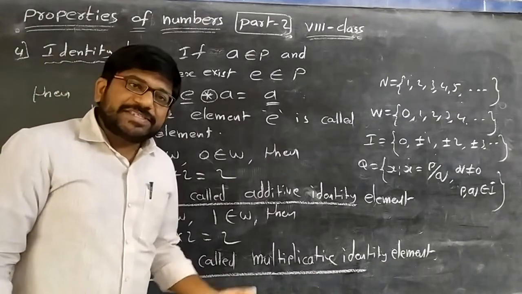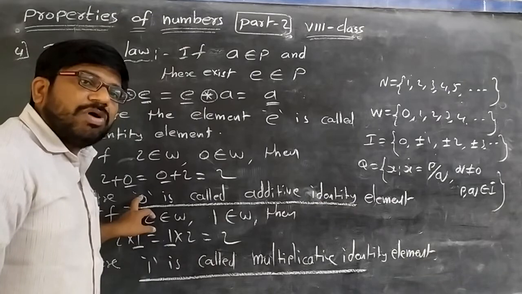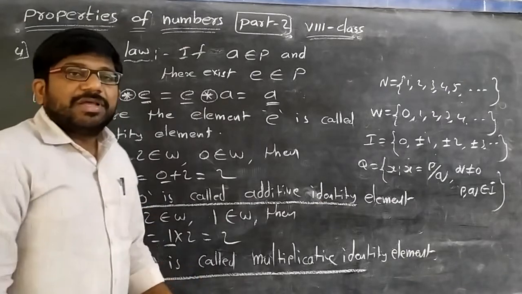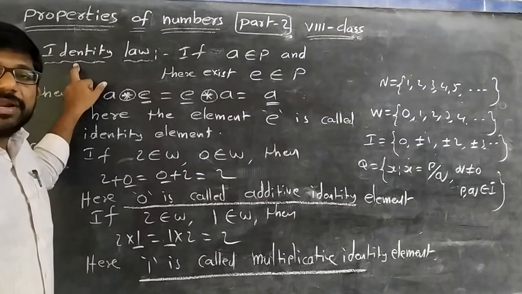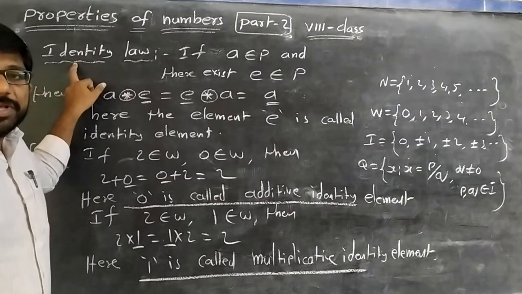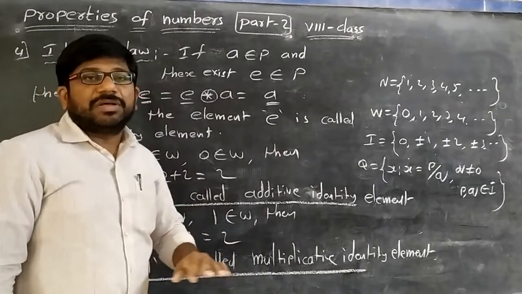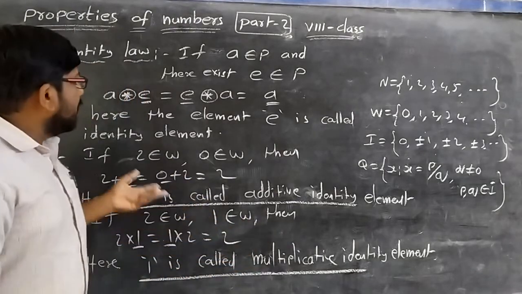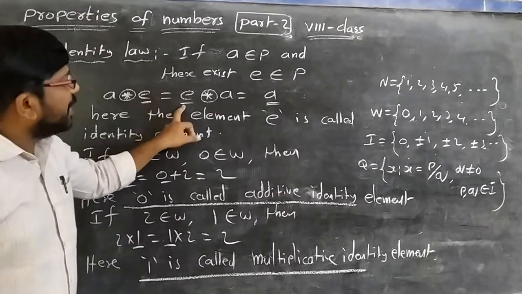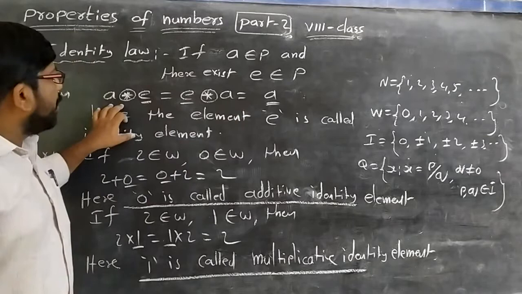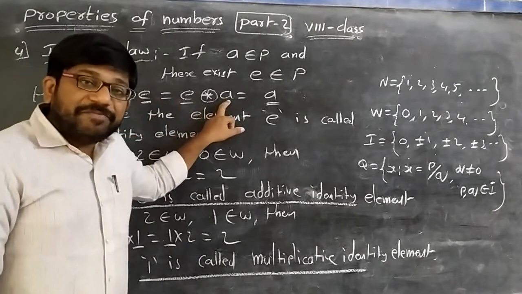So if any set contains these two elements, 0 and 1, then the set satisfies the identity law under addition and multiplication, right? But not in subtraction and division. Why? In subtraction, observe carefully: A star E and reverse E star A. In subtraction, A minus E and E minus A are different.